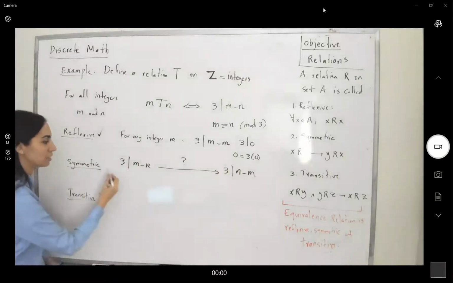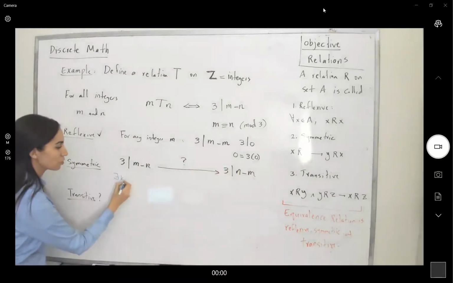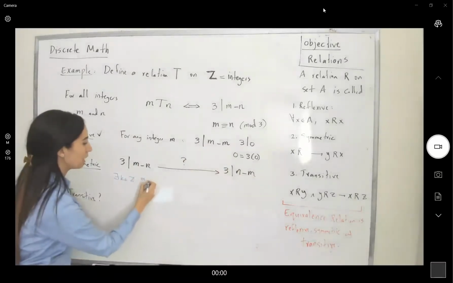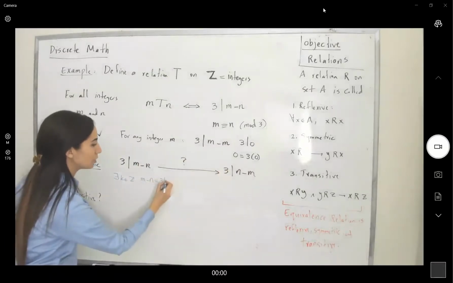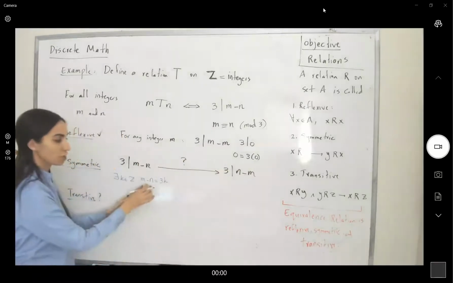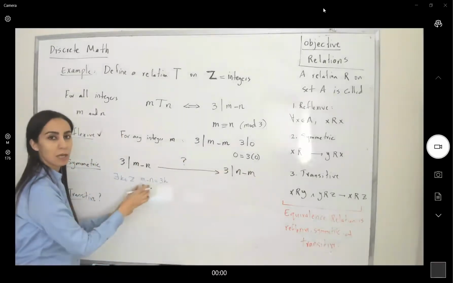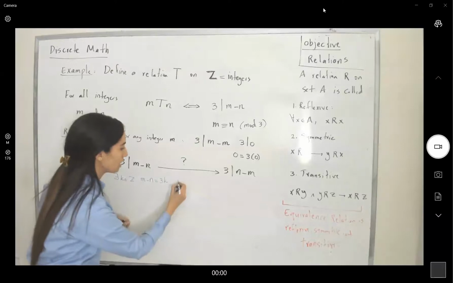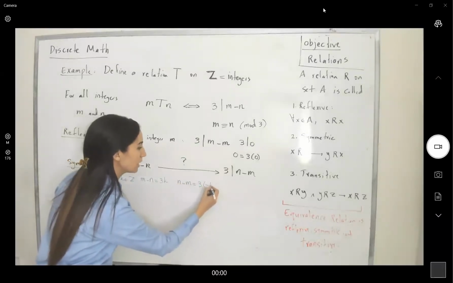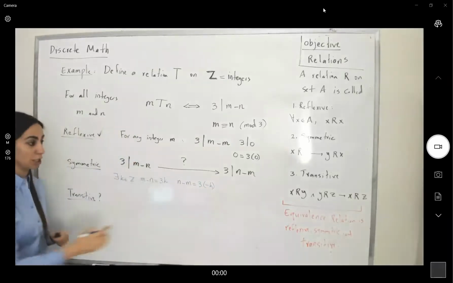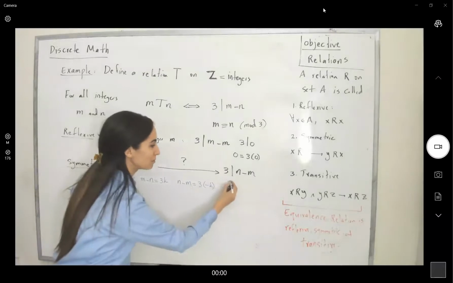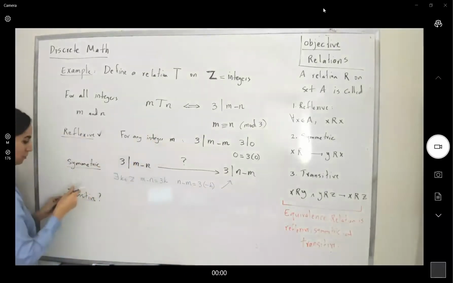It means that there is an integer like k such that m minus n is equal to 3k. If I multiply both sides by a negative sign, I get n minus m equals 3 times negative k. It means that 3 divides n minus m. So this is true.